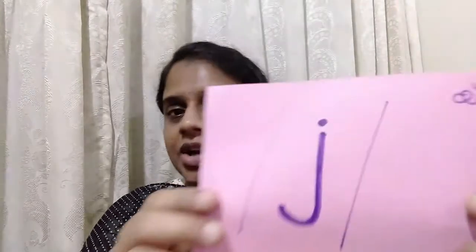Because of this characteristic feature, we call this consonant a semi-vowel, just like the other one, W. This is the consonant Y, as in yam, yell, yok, etc.